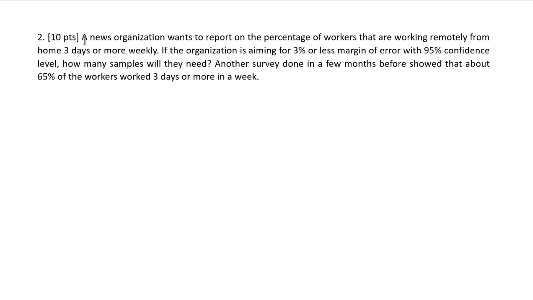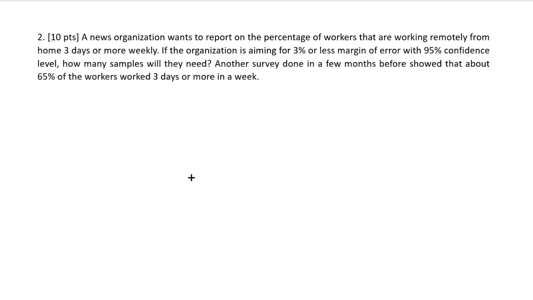Okay, second question. A news organization wants to report on the percentage of workers that are working remotely, and they want to know this with the margin of error being 3% or less, and with 95% confidence level. So the question is, how many samples will they need? And this is actually a very important question for anybody doing surveys, because that's money, right?